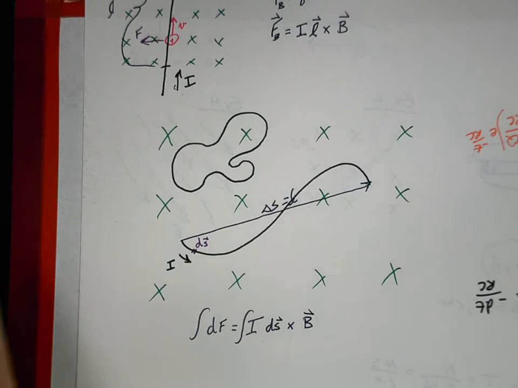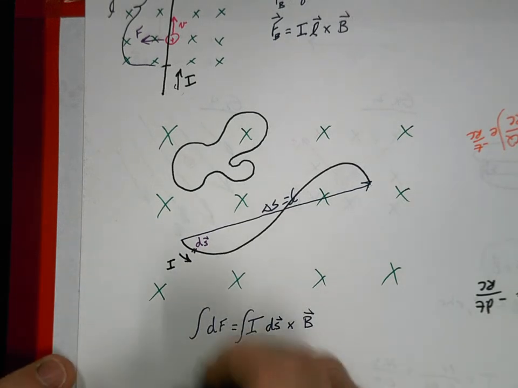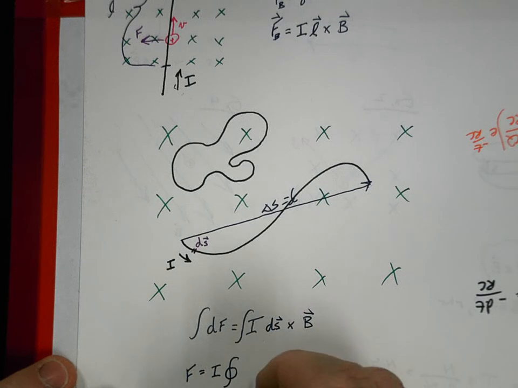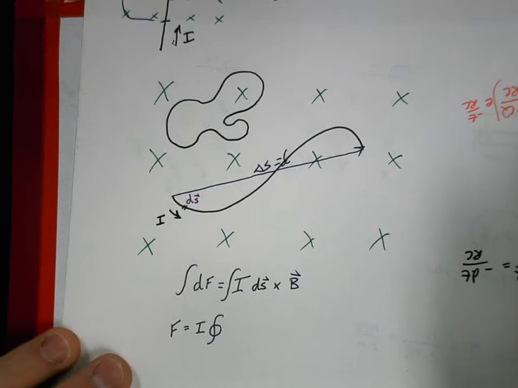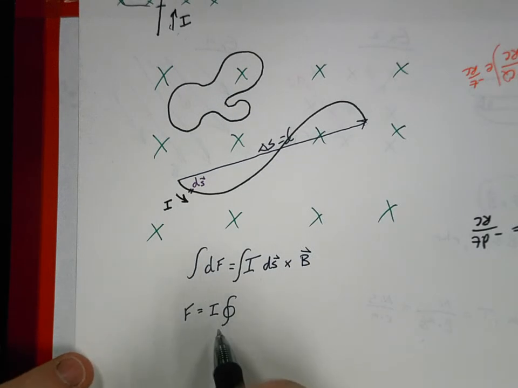Well, how are we going to write our integral if this happens? We get our force is equal to I times the integral. Where before we've seen this over the surface of something, if we're just talking about a wire or a linear thing, this is around a loop.